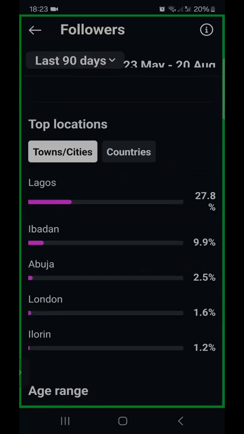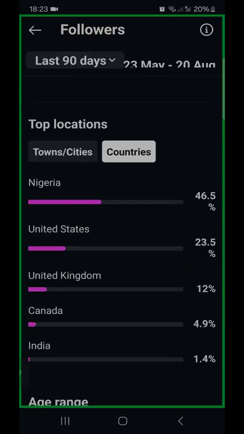Now, I can also look at the top locations where my followers are. Looking at countries, it's funny that most of my followers are in Nigeria. That's not the funny part. That's understandable because I lived in Nigeria all my life until January last year. And then I have almost a quarter of my followers in the United States.